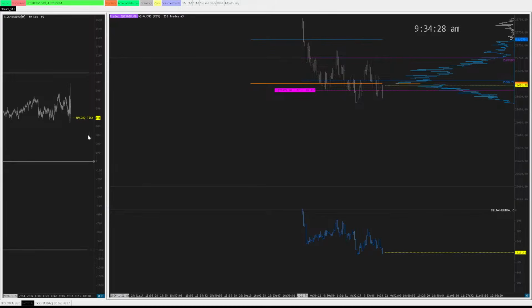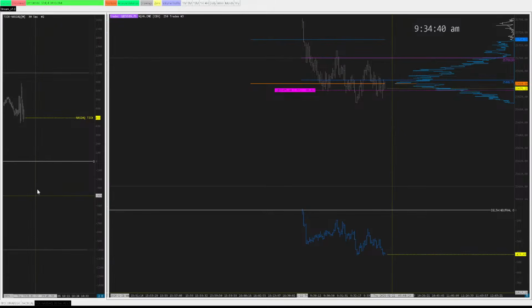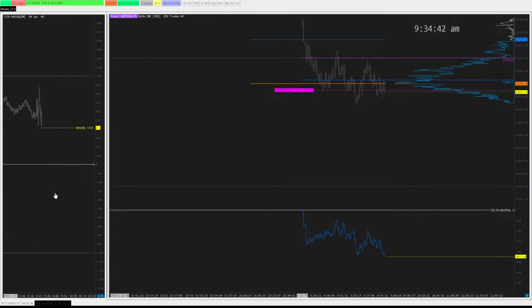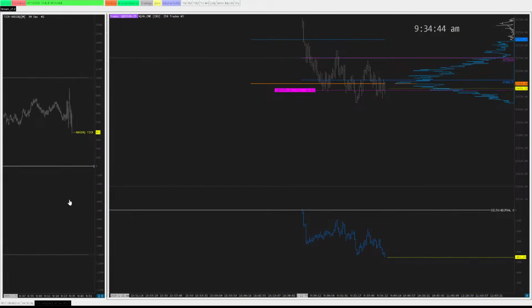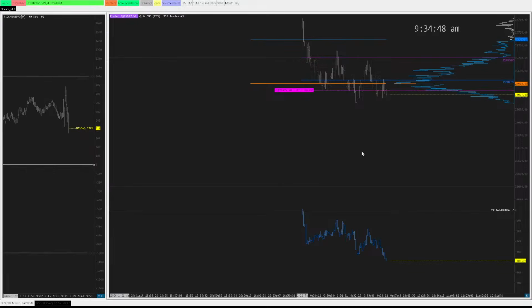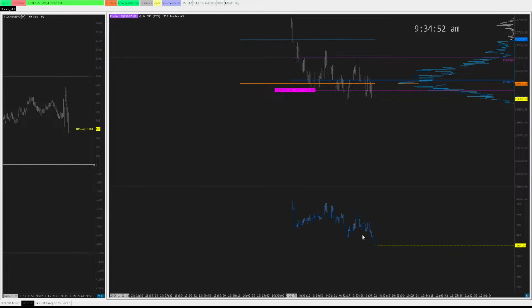So we want to watch this tick. It's positive, but we want to watch this thing come down here to the 0 line. Sometimes the ticks are kind of hard to read out of the gate, but still a lot of downward momentum in the order book.